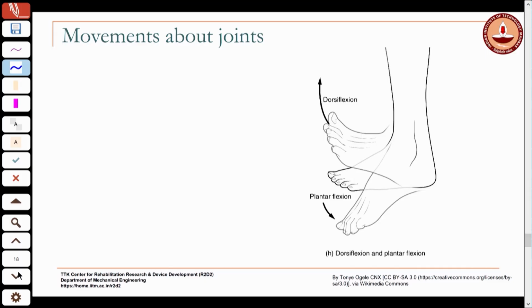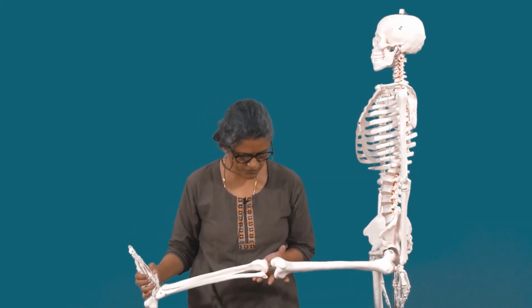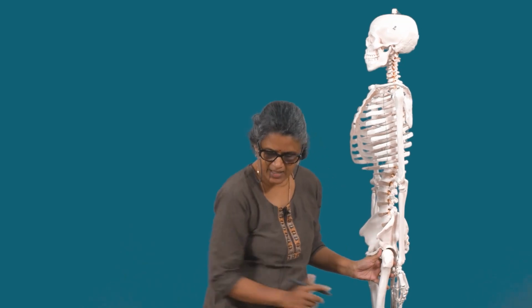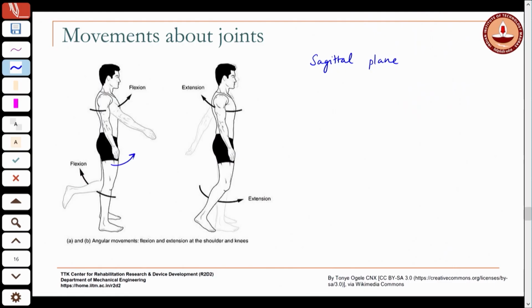Let me show you. In the case of the foot, I can't move this foot at all. So, in the case of the hip, it works a little differently. When you have the hip like this, moving your hip like this is hip flexion.